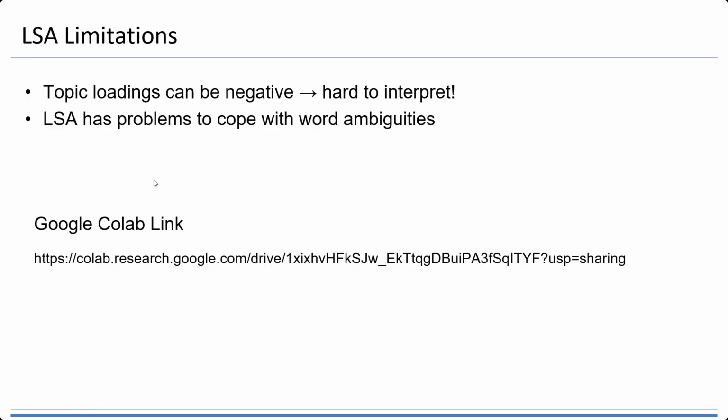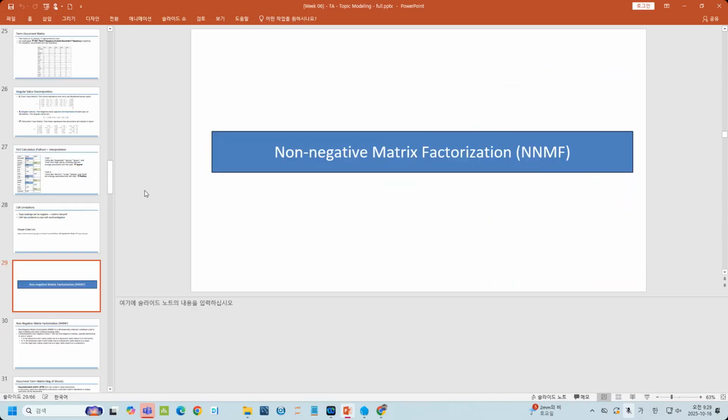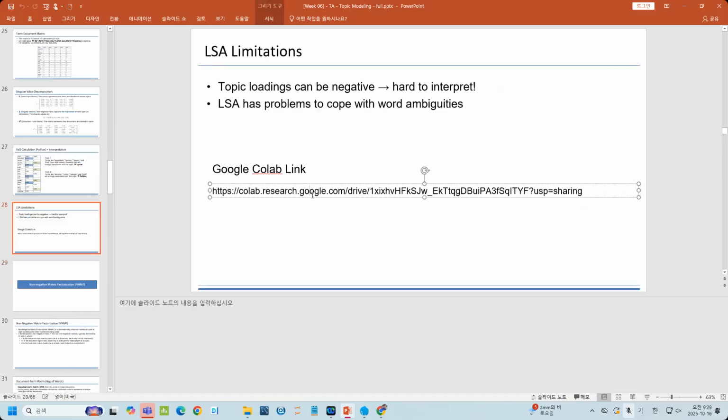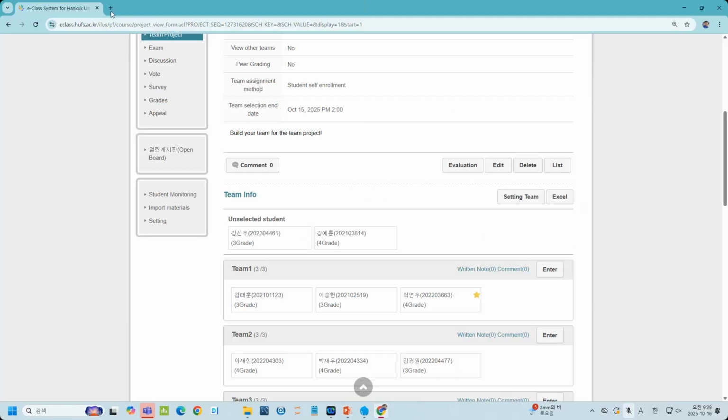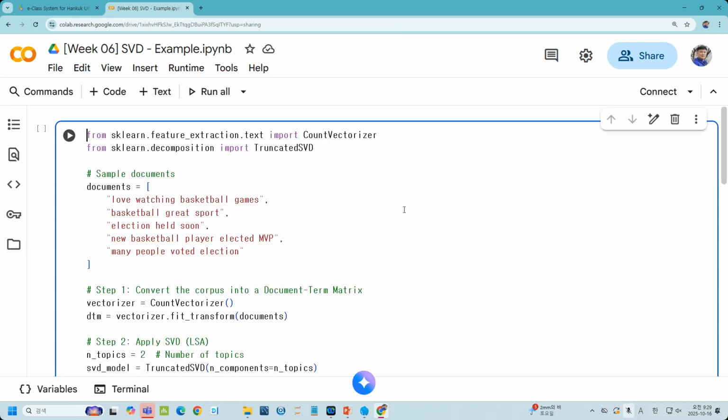So let's look at the Google Colab. In the Google Colab, I use the CountVectorizer to check the frequency, and I'm also using the TruncatedSVD, which is for the SVD generation.